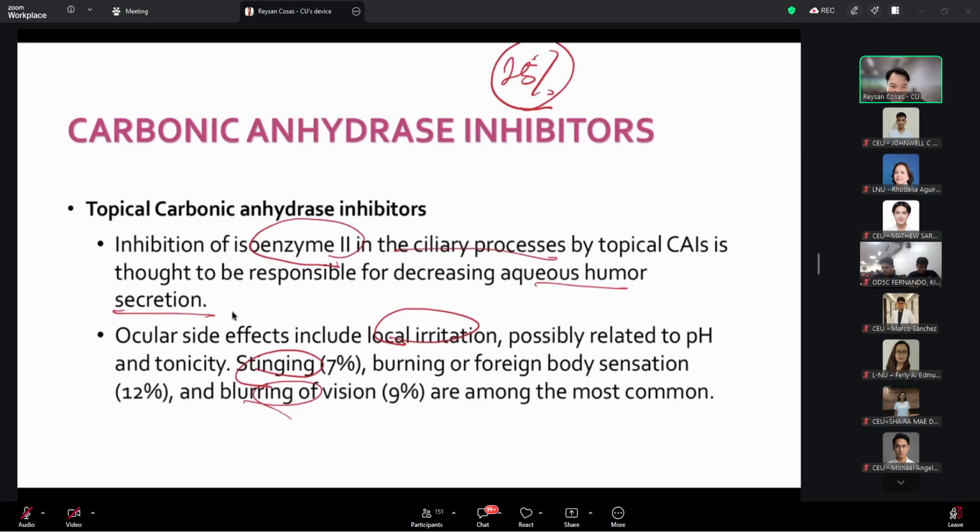They are better in terms of nocturnal reduction of aqueous flow rate, because again, the beta blockers lack this ability that occurs during the night or during sleep.